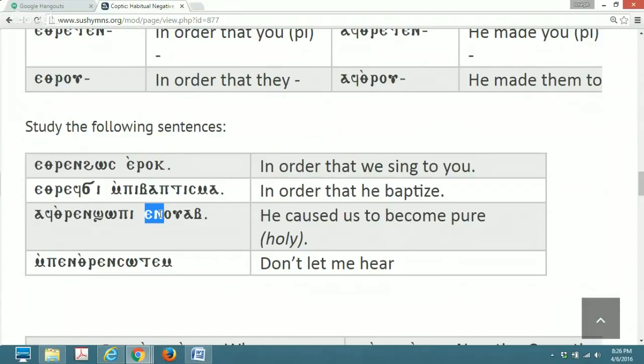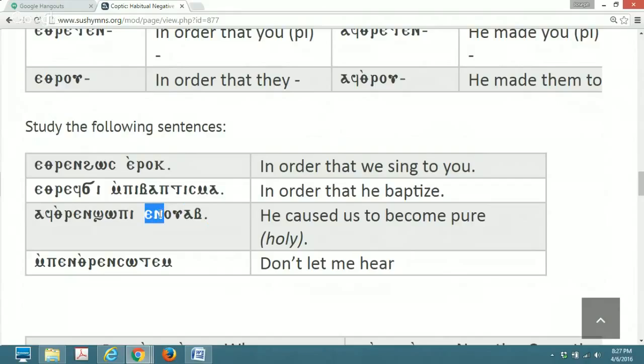I can't remember if we actually took it formally as part of the class, but I'll talk about it a little bit today since we keep coming over it. So the present continuous means something is happening, a continuous happening at the present time. So he caused us to exist in Oweb, we being holy, or we being pure. Oweb means pure or holy.